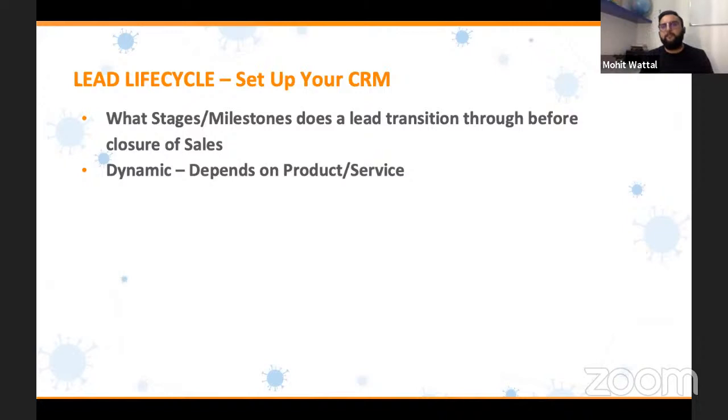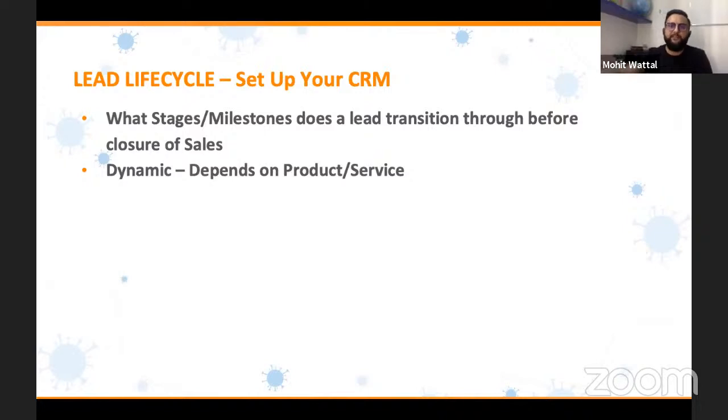So the lead life cycle is very important because it tells you what critical milestones somebody is going to achieve, so that you can segregate between the leads. As an organization, you make thousands of leads, you run multiple campaigns. You must know the stage after which you could be confident about that person.